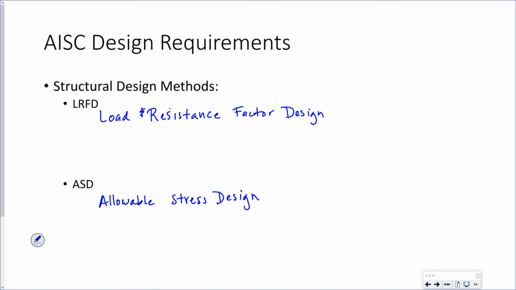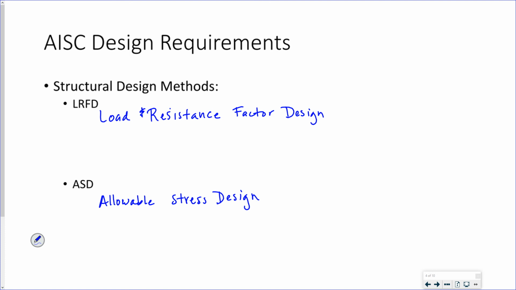Then in the 90s, I think, they switched to LRFD. So there were 3 manuals in LRFD. 9 plus 3 is 12. For the 13th manual, they put them both in. So we have 1 through 9 ASD, 1 through 3 LRFD, and then number 13, 14, and we're currently on number 15, have both LRFD and ASD in them.